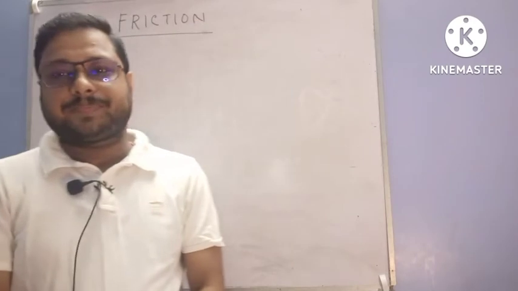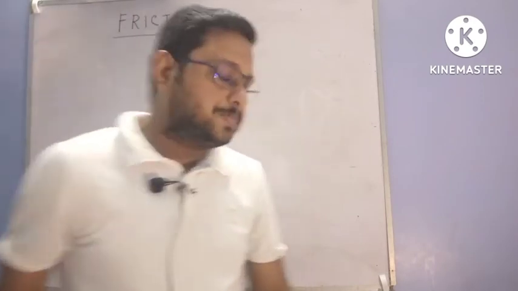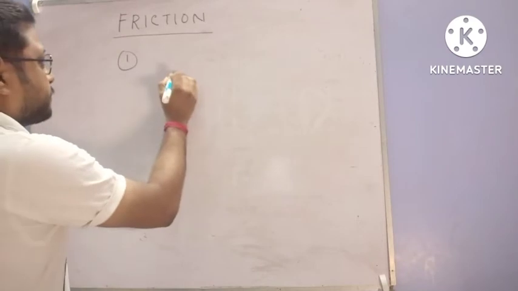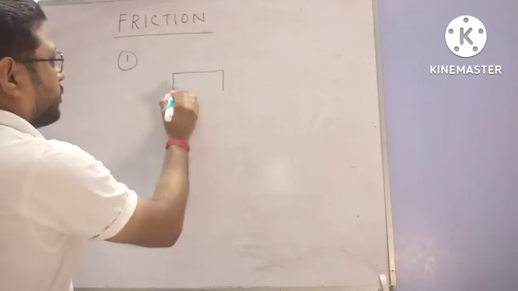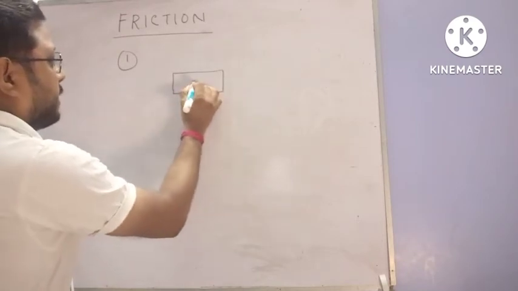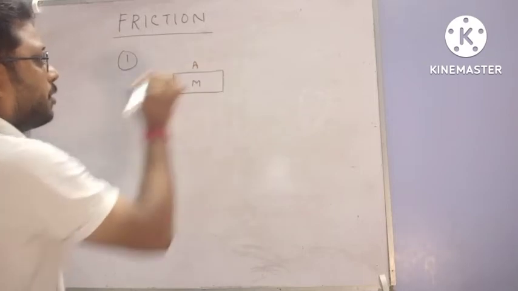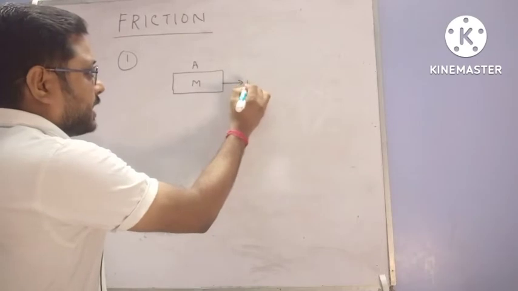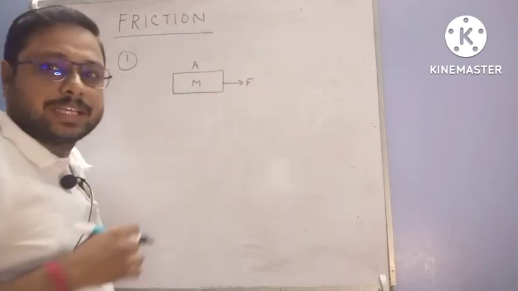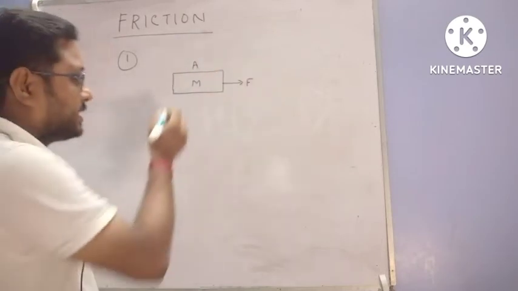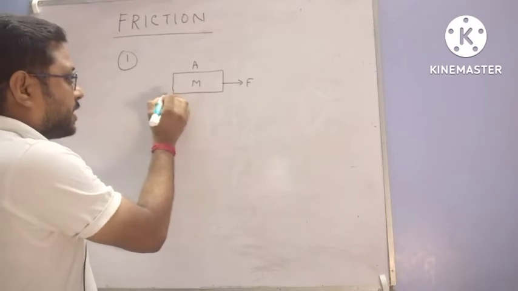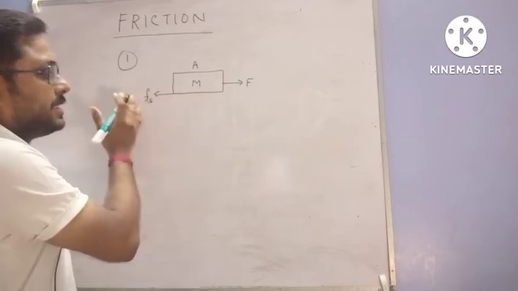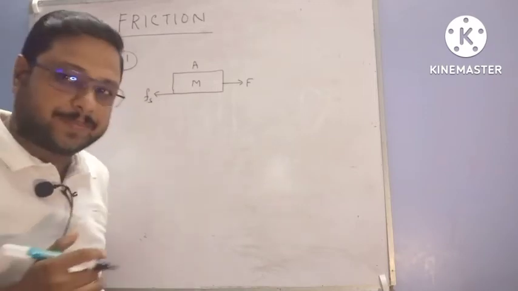So, at first, if this is a block A of mass m, and we apply a force externally on it in this direction to move it, friction arises tangentially over it in this direction automatically.